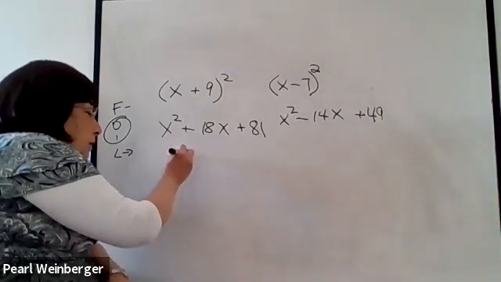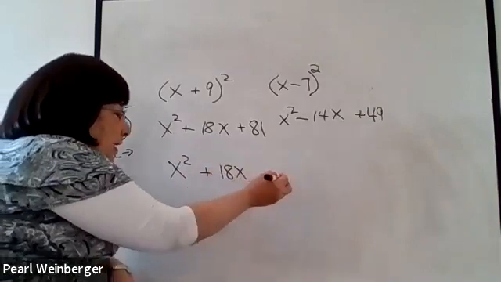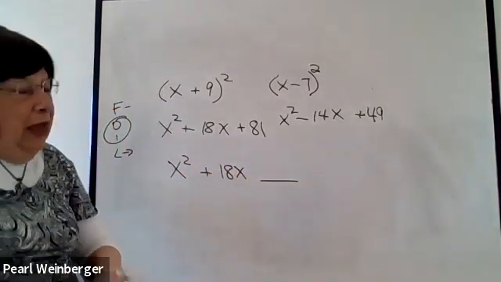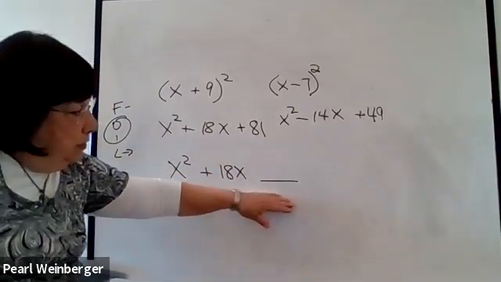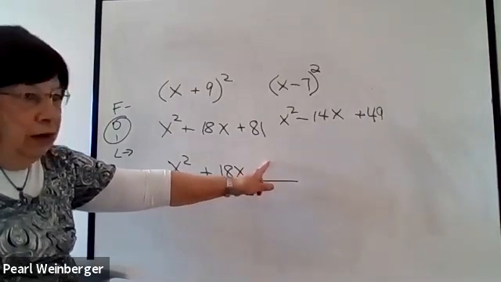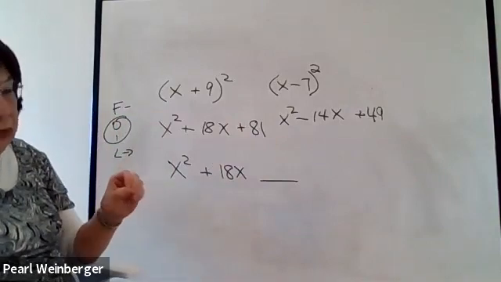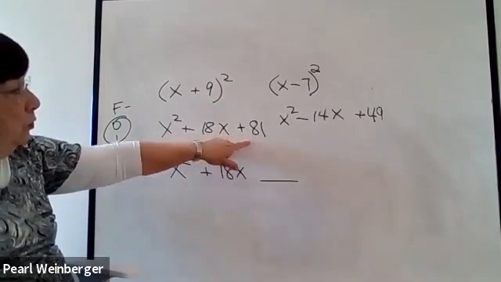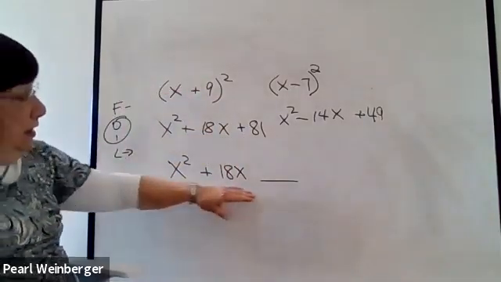Okay, now I want to go one step further. Suppose I had given you x squared plus 18x, and I left out the last number. And I told you that if I put the right number there, this will be a perfect trinomial square, just like x squared plus 18x plus 81 is x plus 9 squared.